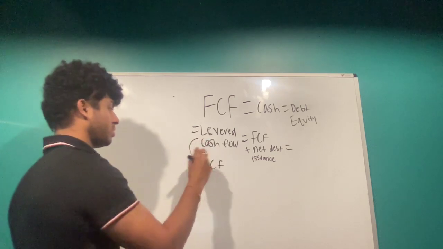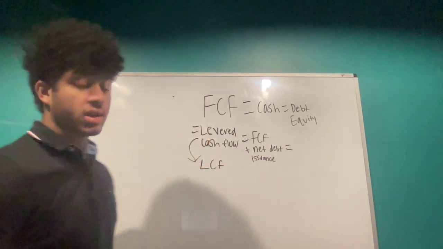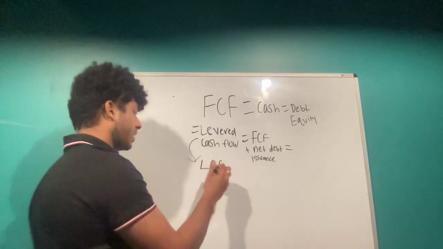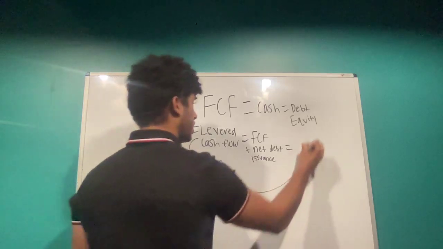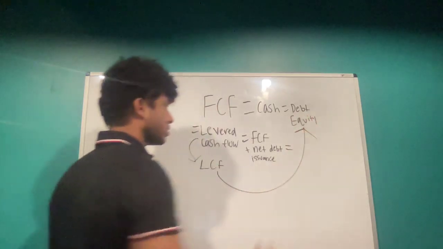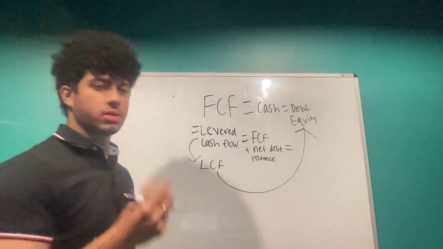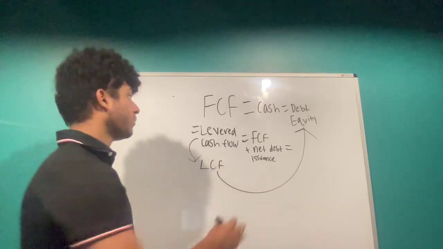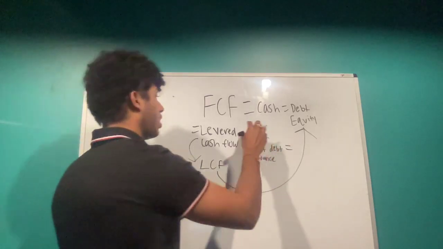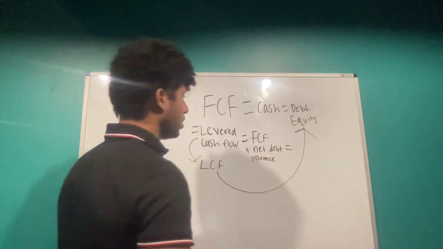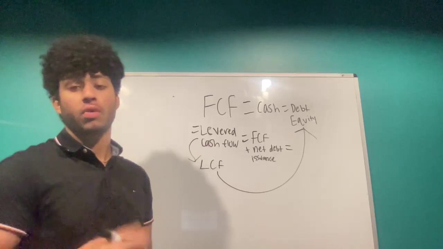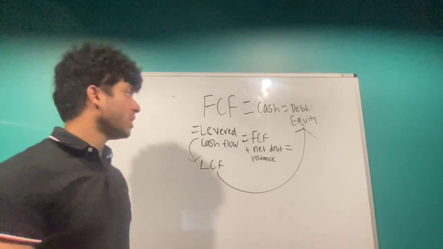Try to make this not confusing. So levered cash flow just represents the cash that is available only to equity holders. That's just a slight distinction between the two, but typically when people are asking for cash flow, they are asking for unlevered cash flow. And another word for levered cash flow is also FCFE, or free cash flow to equity.